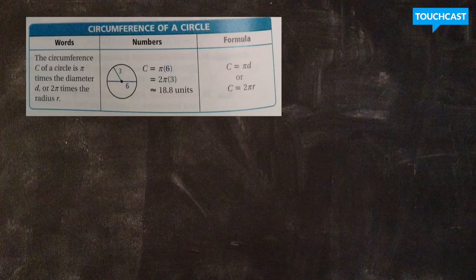If we're given a radius of 3, it's 2 pi times 3, which we can approximate to be 18.8 units. The formulas for circumference are C equals pi times the diameter, if we're given the diameter, or C is equal to 2 times pi times the radius if we're given the radius.